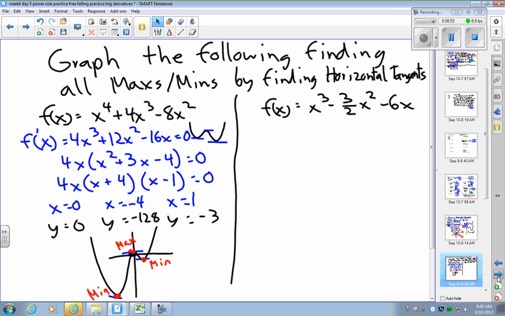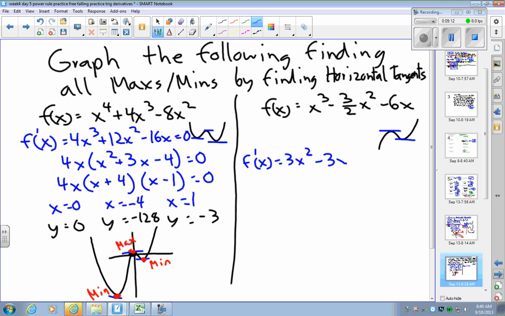Now you just hit unpause and you're going to see what I did. So x cubed looks a lot of times like that. So I'm thinking there could be 2 places where I have a horizontal tangent. I'm going to take the derivative: 3x squared minus 3x minus 6, set equal to 0.